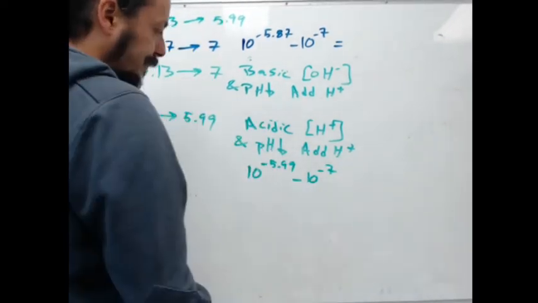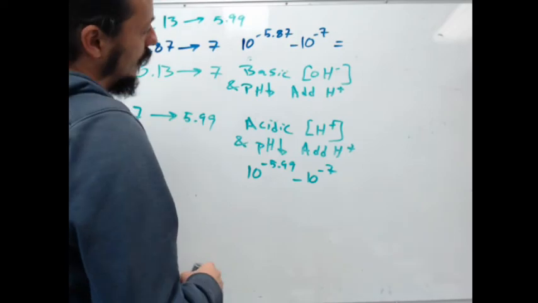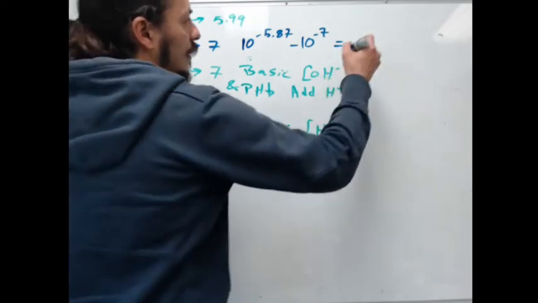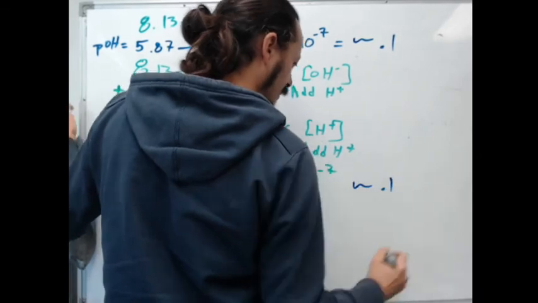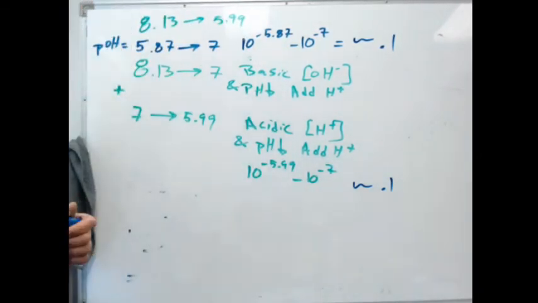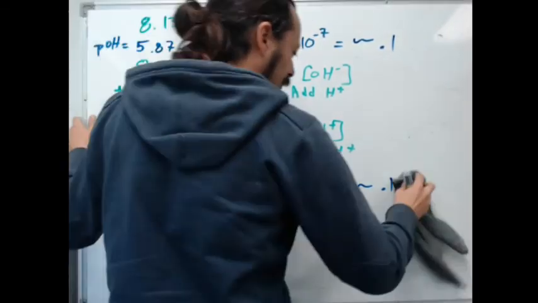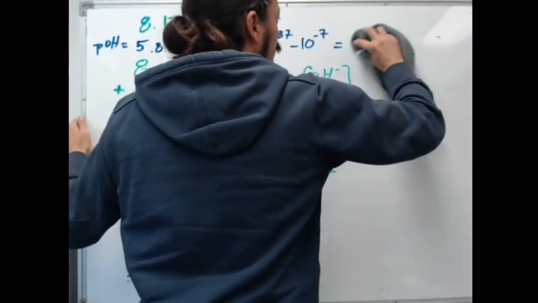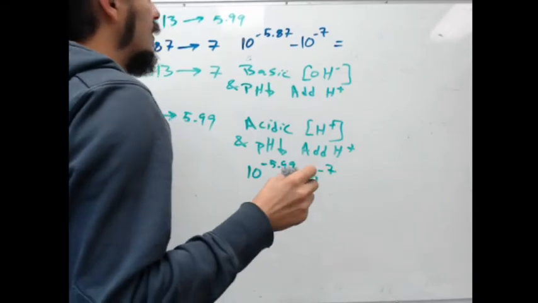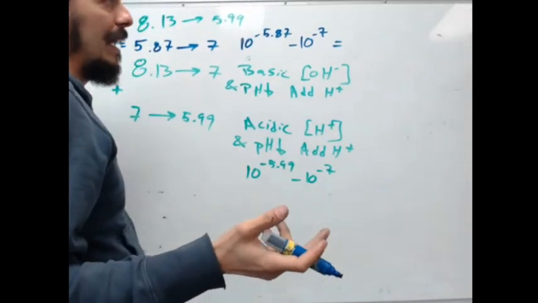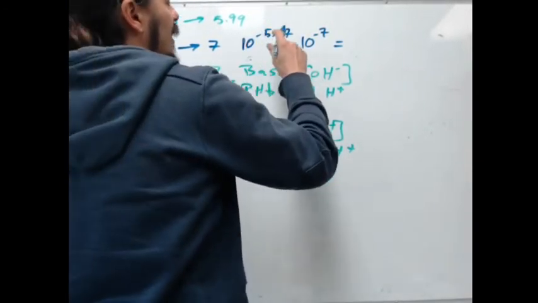But then since it's a 1-to-1 ratio, you could just change it to H plus. Oh, sorry, that's not true. So we can just do this in terms of molarity. You just do the concentration of your OH, because again, it's a 1-to-1 ratio. That's your change in OH.